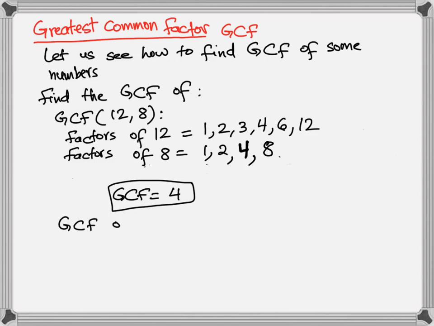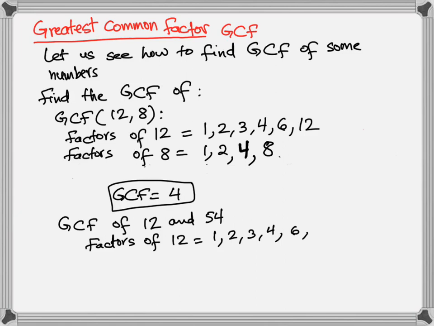Now we're going to do the GCF of 12 and 54. We're going to list all the factors of 12, which are 1, 2, 3, 4, 6, and 12.